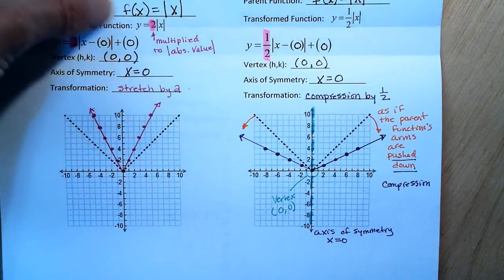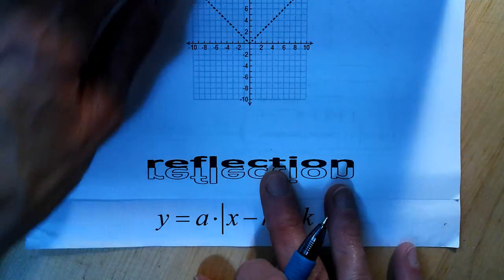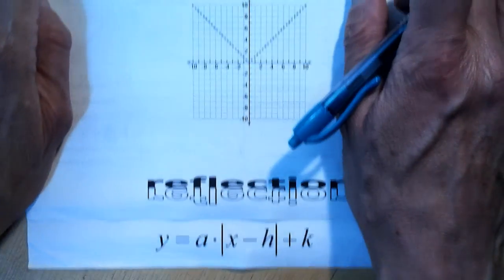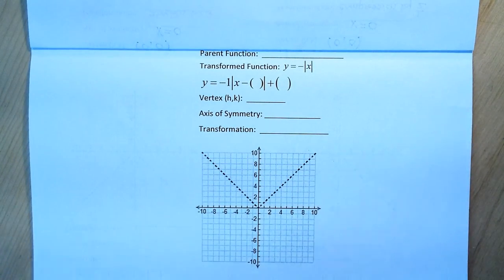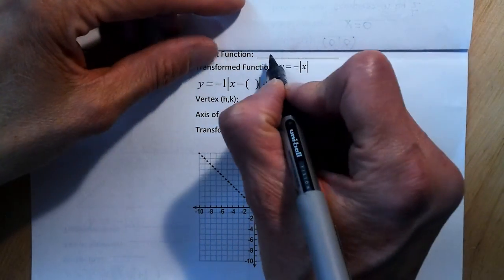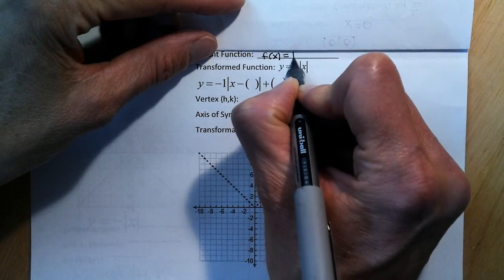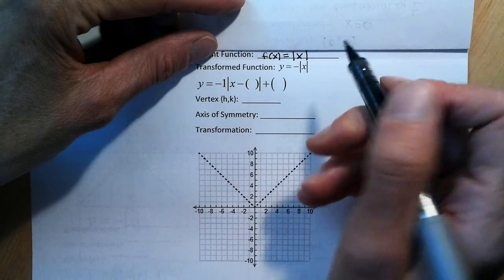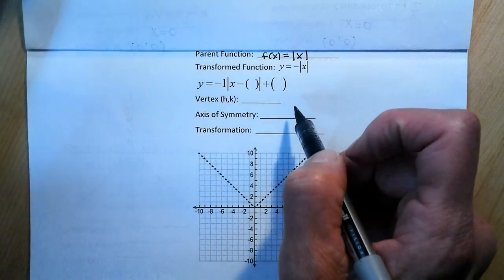Today, we're going to look at this thing called a reflection. So there's a number of things that can happen all at one time. We're just looking at them one by one. So again, our parent function is f of x equals the absolute value of x, because we're dealing with an absolute value function here.